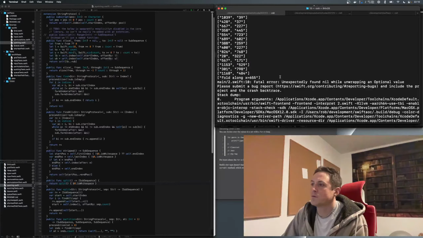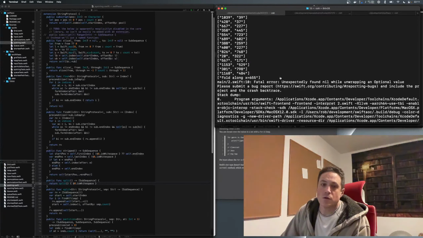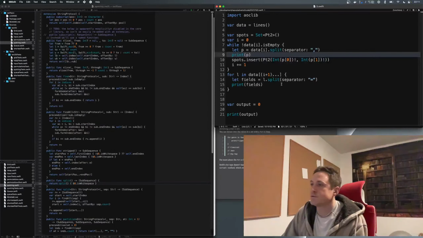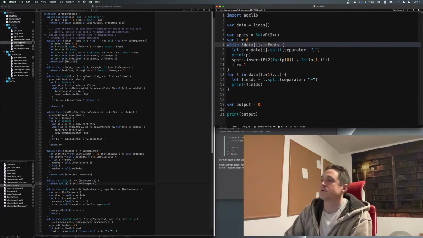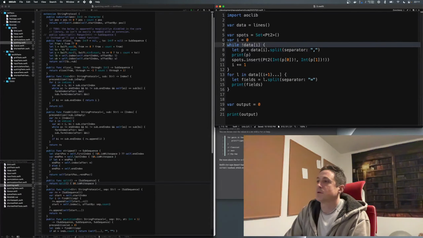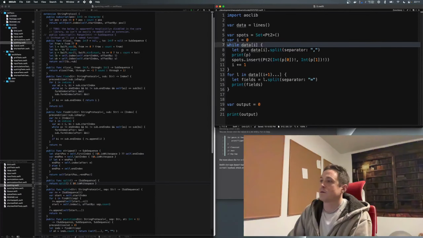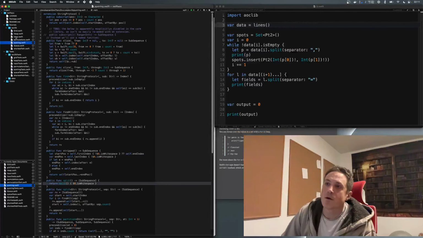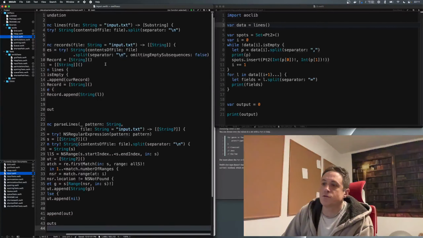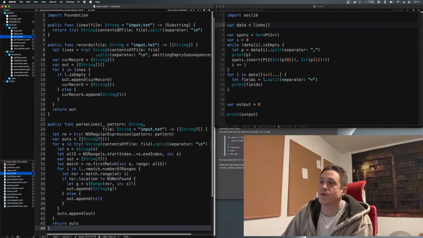Fold along. Okay. So, our... oh, that's why. Oh, this stupid thing.